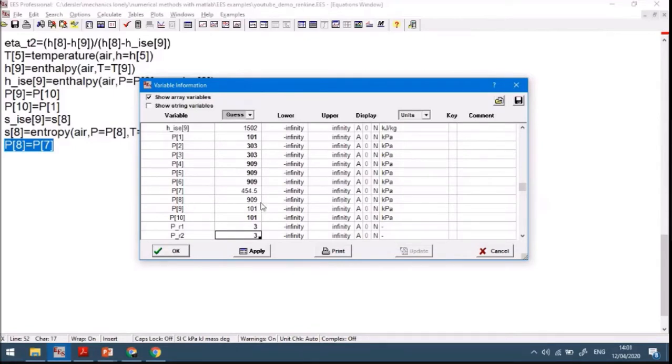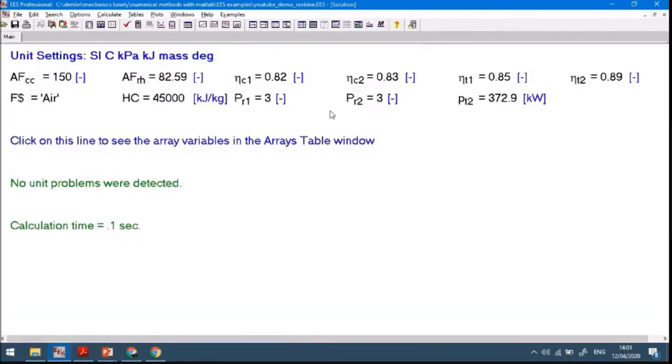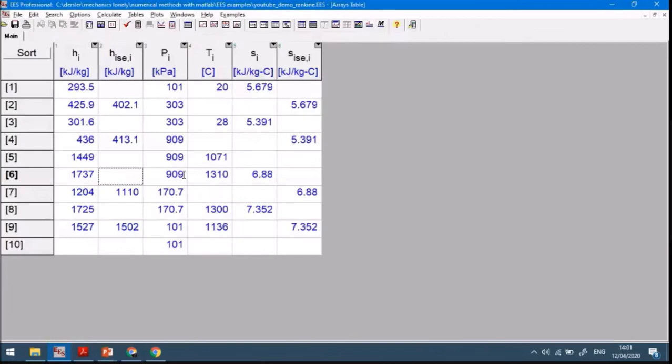What I will do now is constrain P8 to be at least 0. Now there will not be any value less than 0, because negative pressure is not present in this cycle, so it's not reasonable to leave it as negative infinity. Let's run it. Everything is on the way, so it works.